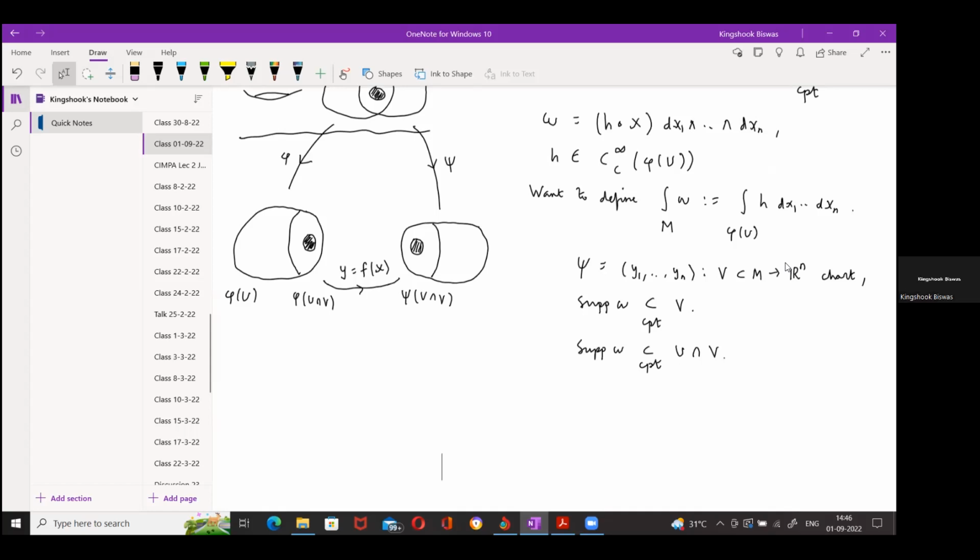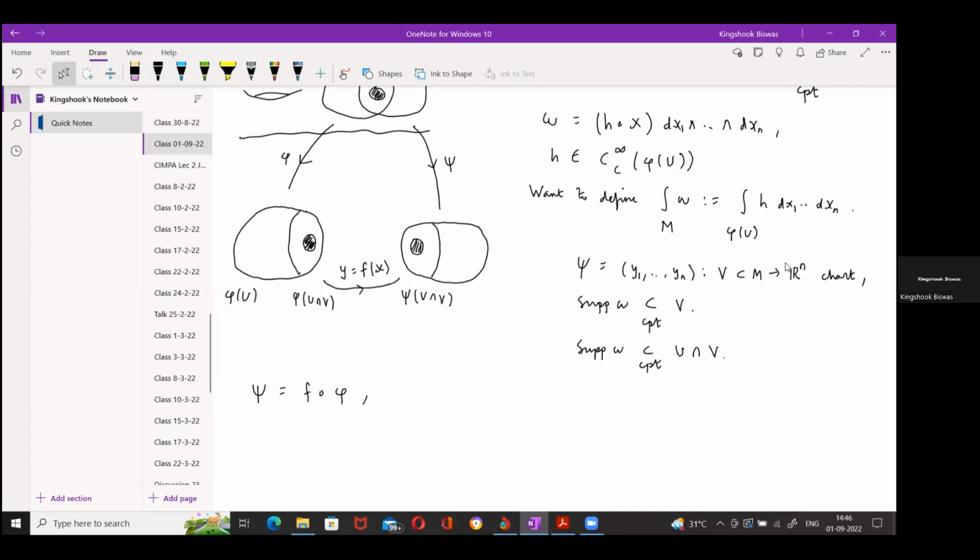So what happens if I try to do this with the other chart? So psi is what? Psi is F composed with phi, right? Okay.